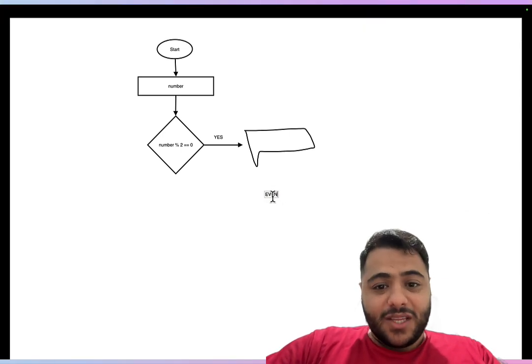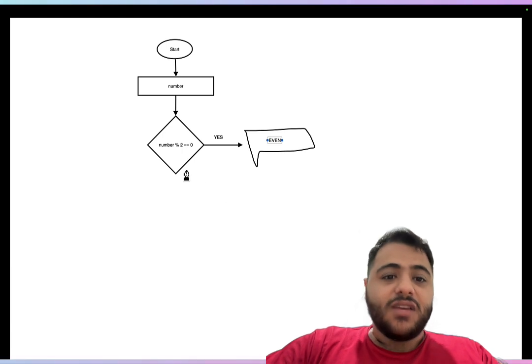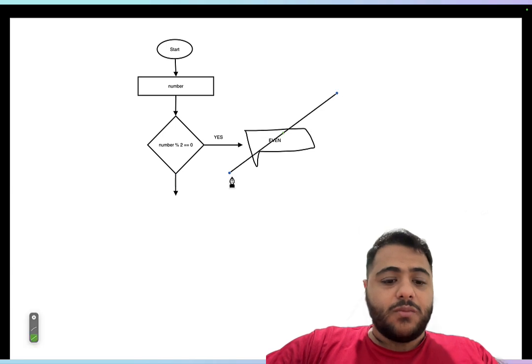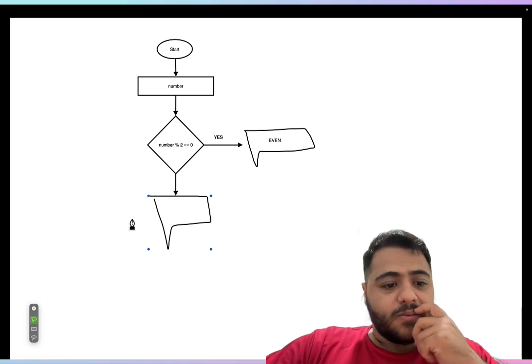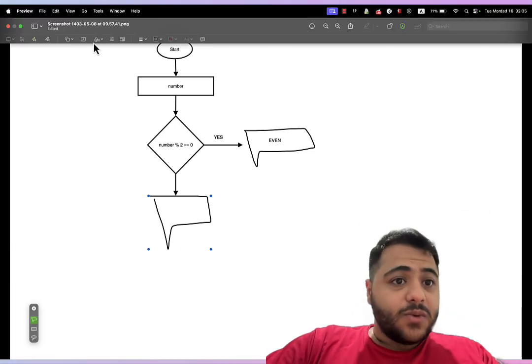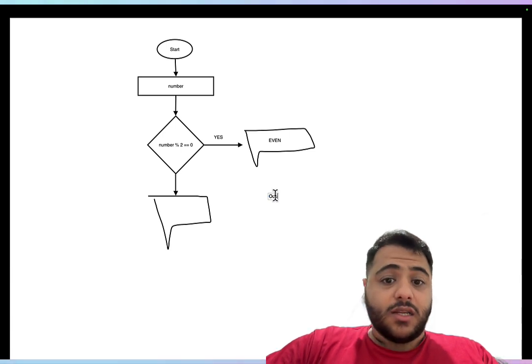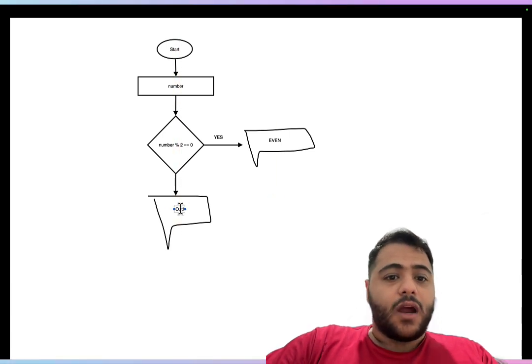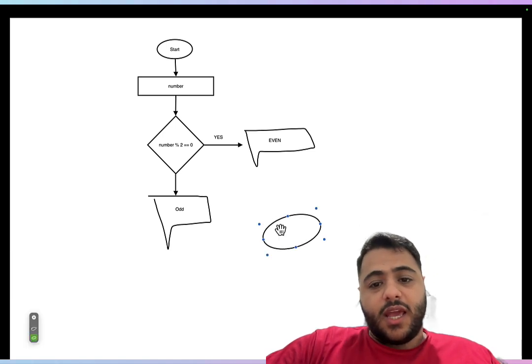Let's write "even", which means that the given number is even. But if the condition hasn't been satisfied, it means our number is odd. So we have another print shape like this. Yes, I'm gonna stick with that, and it's an odd number. So our given number is odd, and then we're gonna reach the end.